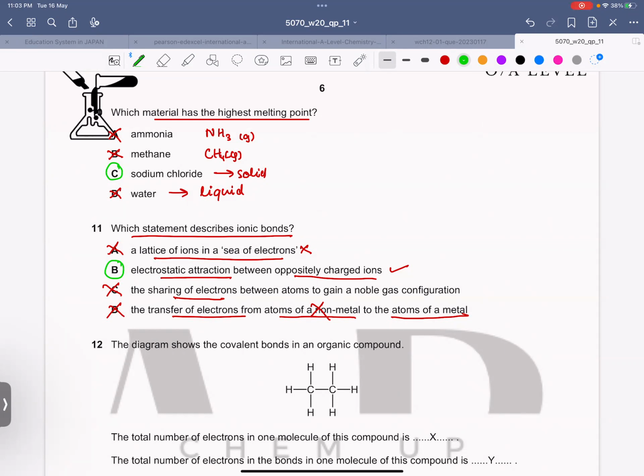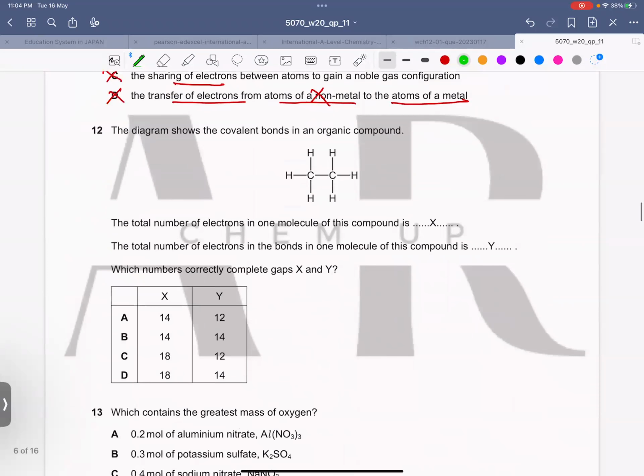Is this understandable to everyone? Yes. Okay. Now, question number 12.